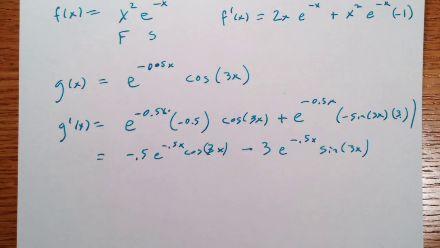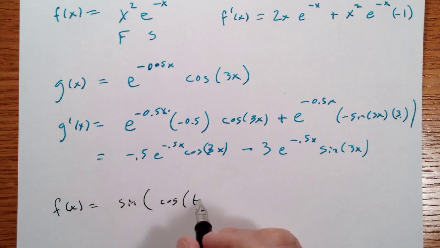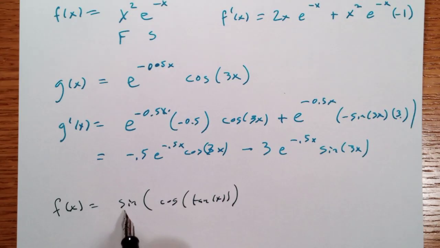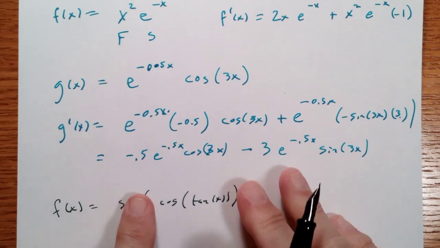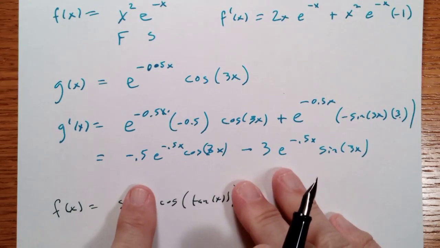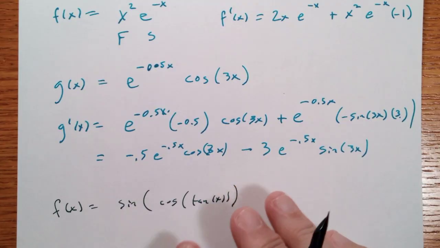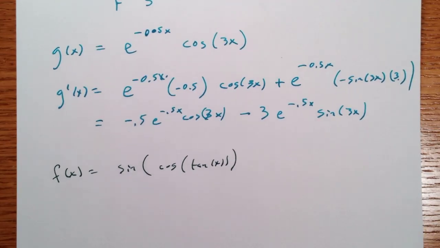I can go with more layers. So now I have an outside function, sine. But then the inside is also a chain rule, an outside and an inside. So I have an outside, a middle, and an inside. I have more layers. But I'm just going to peel this like an onion.